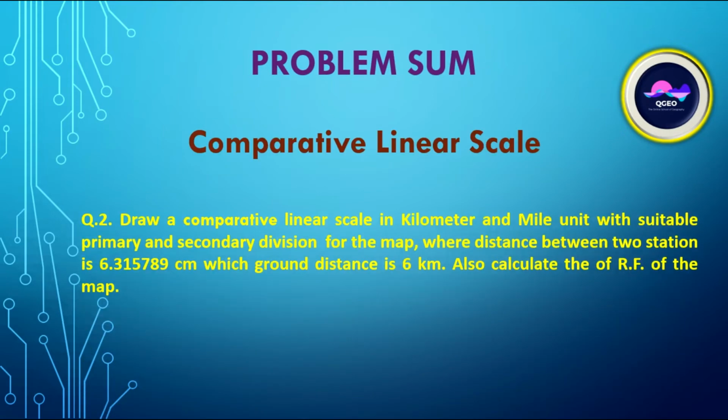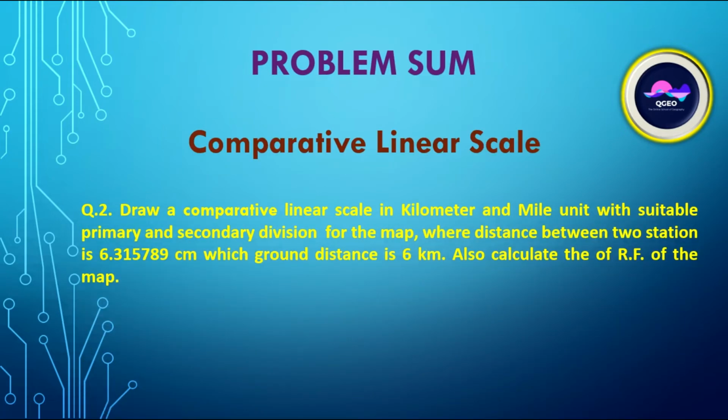Here is a problem sum of comparative linear scale. Here, comparative linear scale in kilometer and mile unit. Remember that one scale will be kilometer scale and another scale will be mile scale, that is mile unit, with suitable primary and secondary division.